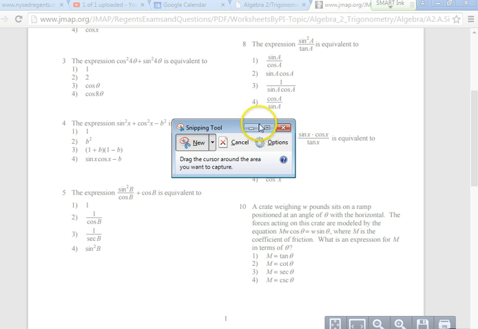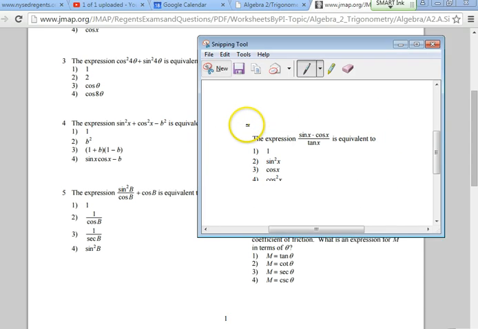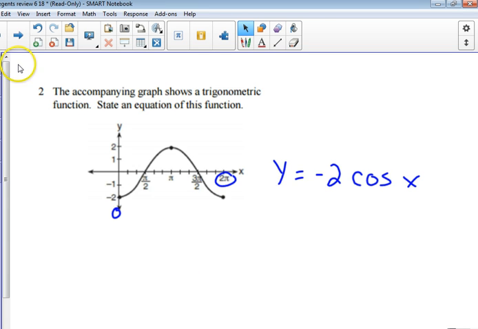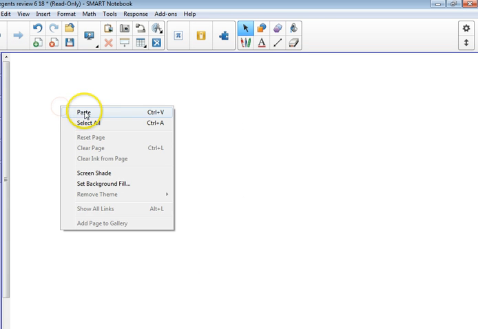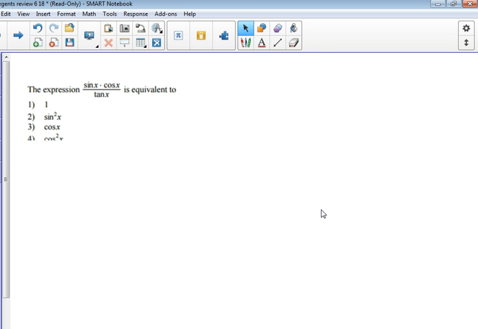I don't have identity ones, but this might work. Something like this is kind of similar. I think you'll get one of these. Okay, simplify this. Take your time. What is the last thing?